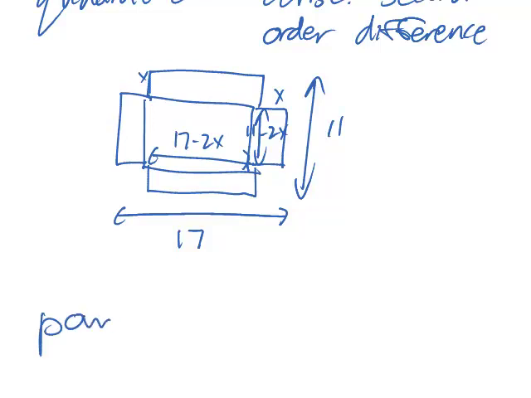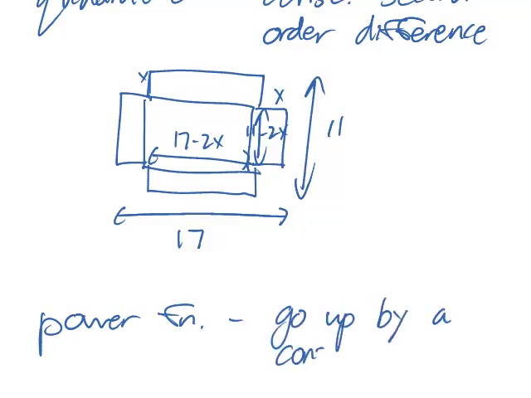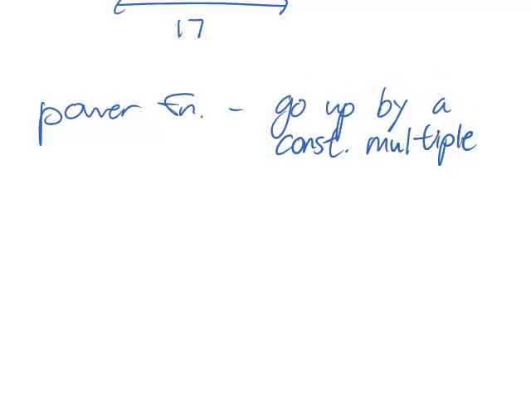Power functions are functions that go up by a constant multiple, but only when x goes up by a multiple.